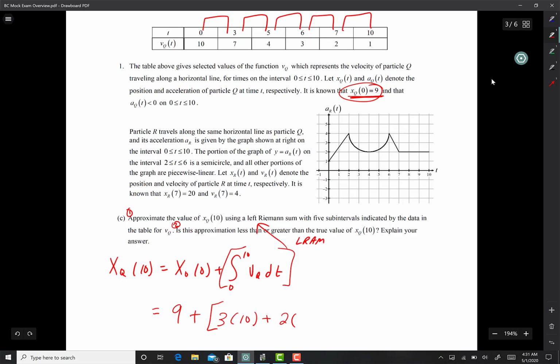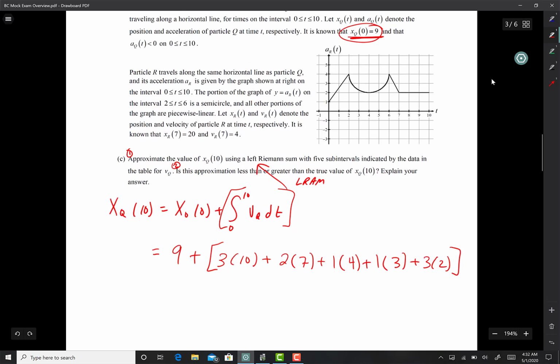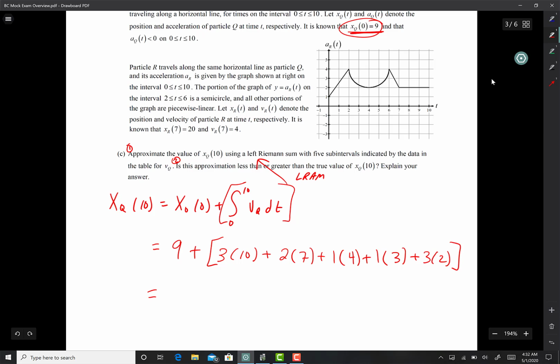So 2, and then I'm going to use that 7. Plus, the difference between 5 and 6 is 1, and I'm going to use that 4. Plus, the difference between 6 and 7 is another 1, and I'm going to use the 3. Plus, the difference between 7 and 10 is 3, and I'm going to use the 2, and then close the bracket. All right, let's see what this is.